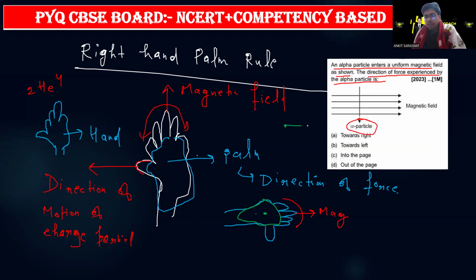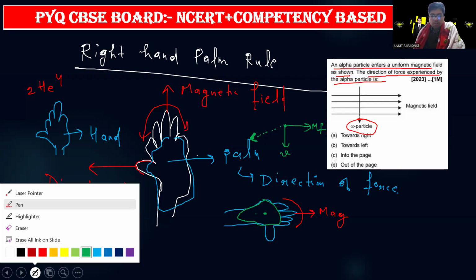If the magnetic field is to the right and the velocity of the charged particle is downward, then the force will be outward. It should be perpendicular to the magnetic field and velocity. Clear? So the right answer is option D, out of the page.